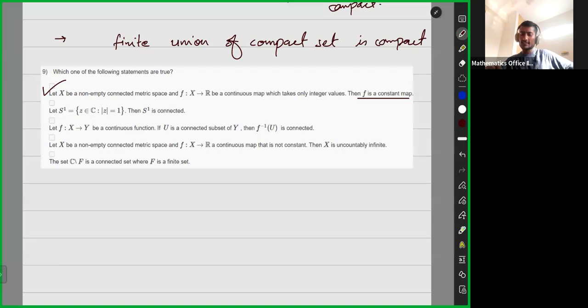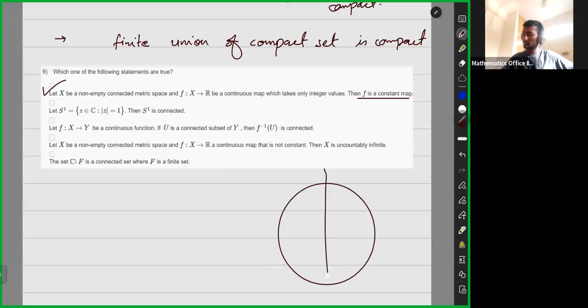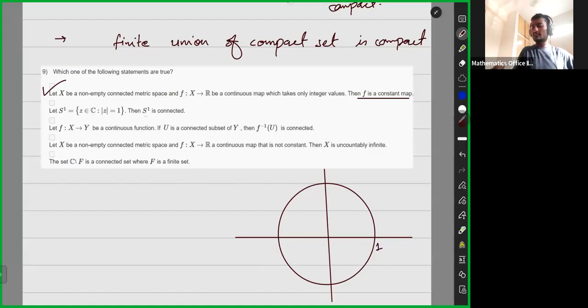Yeah. So let's see the next part. We are given the circle S1. Is this connected? Is S1 connected? What will be your proof for this?